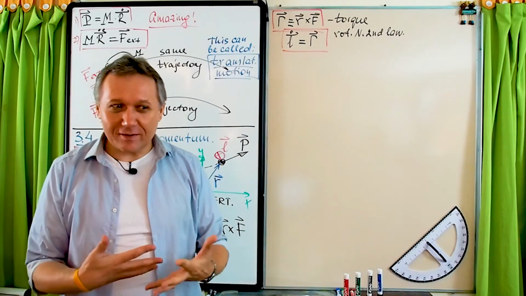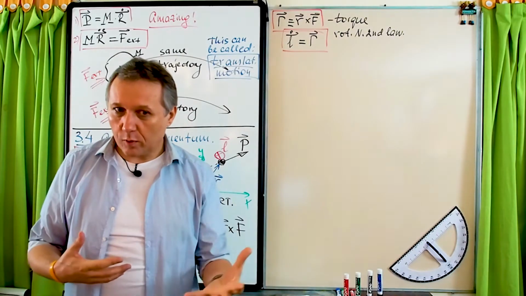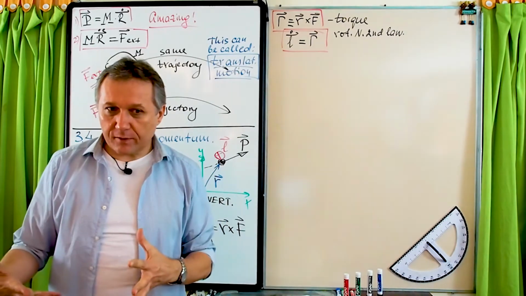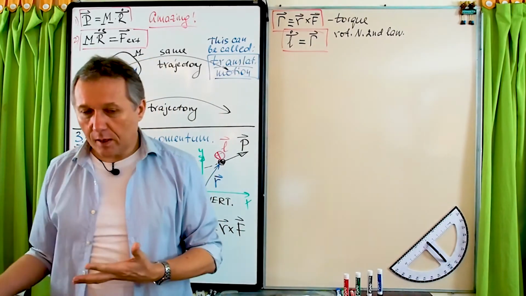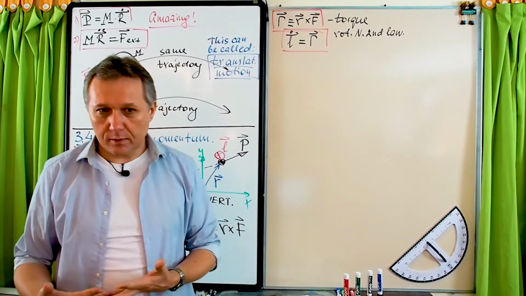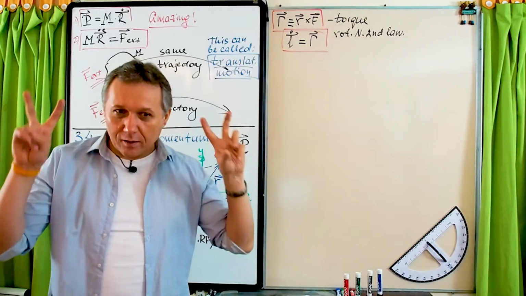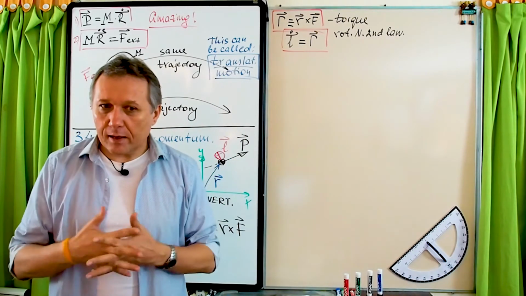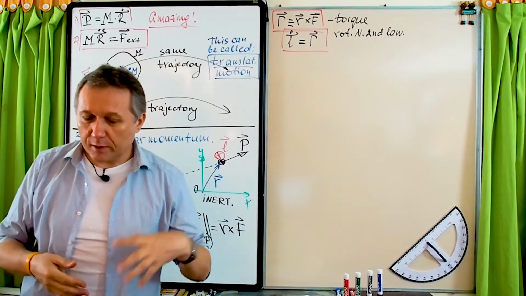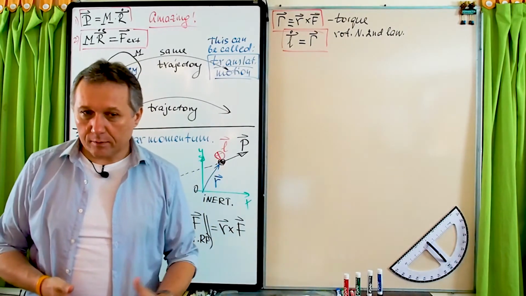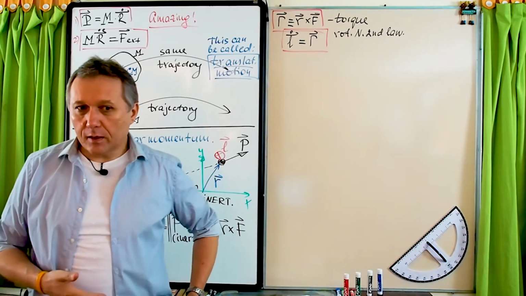It shouldn't sound like that, because a law is something fundamental, and something fundamental cannot be derived. So although we call Kepler's laws laws, in reality they are not laws, because we can easily derive them from something more fundamental. And right now we are going to derive Kepler's second law.